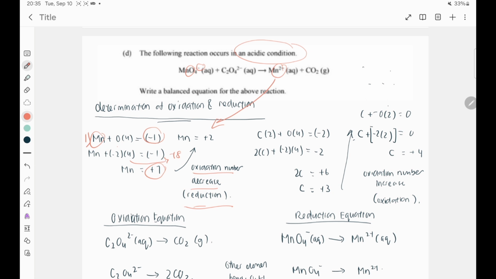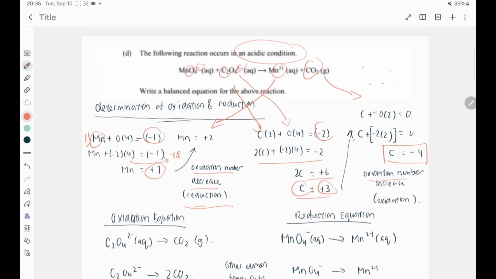It is the same for the carbon here. We have 2 carbon, so we jot it down, and then for oxygen, and the charge is -2. So here we can calculate. After you calculate, you will get that the carbon is +3, and the carbon on the other side, using the same method, is +4.